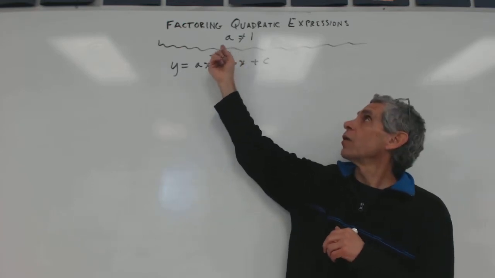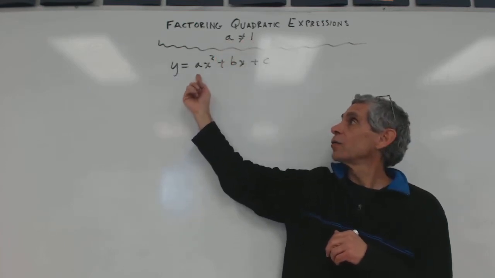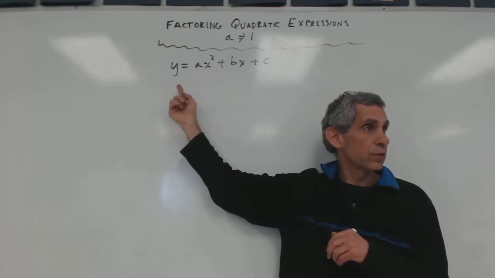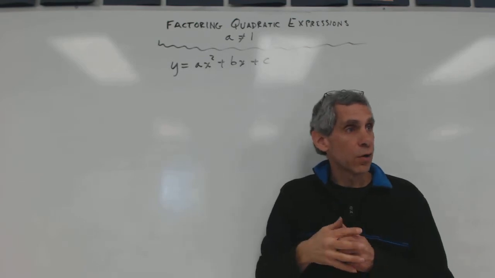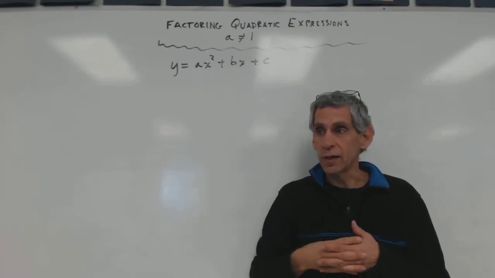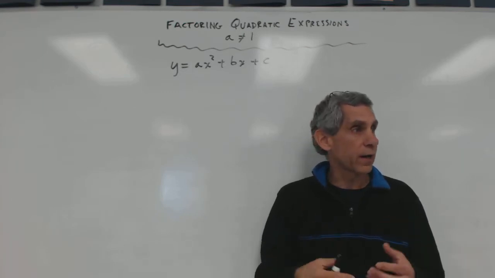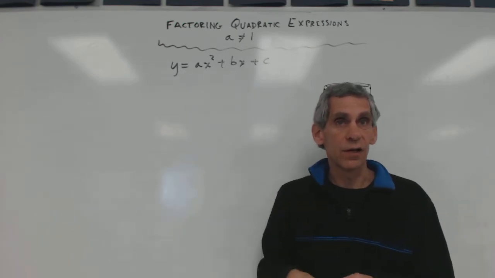Now we're talking about ones where the a is not equal to 1, meaning it could be y equals 2x squared, or y equals 3x squared, or 4x squared, or 5x squared, or 6x squared. And that is a different ball of wax than what you've been doing. You're moving into the big time of algebraic factoring. This is not as easy as the other stuff, right?